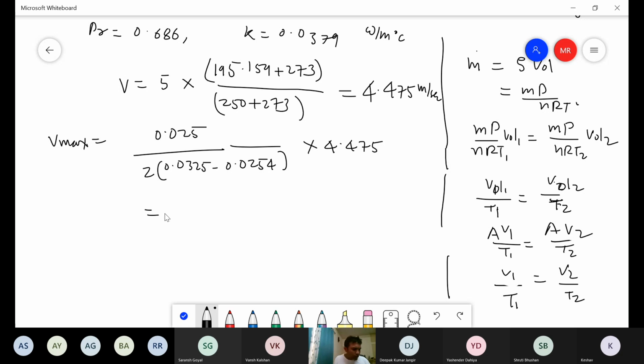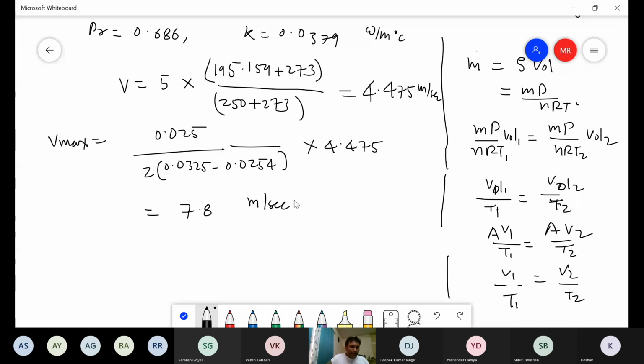So Vmax comes out to be, anybody please give me the values. 7.8. Okay, I will write down 7.8 meter per second.